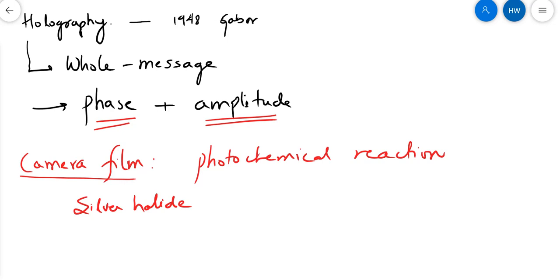So silver in its metallic form is released, and that's how you form this distinction. And the amount of silver released depends on the intensity.